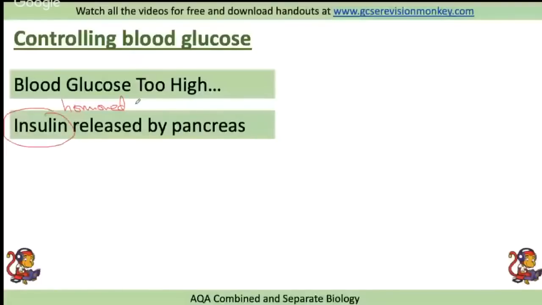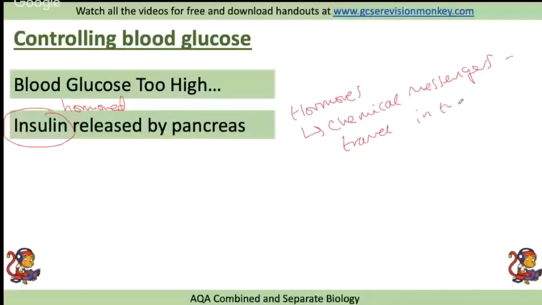All hormones are chemical messages or chemical messengers. They're carrying the message. So chemical messengers that travel in the blood. So they're dissolved in the blood plasma, and that's how they travel around.